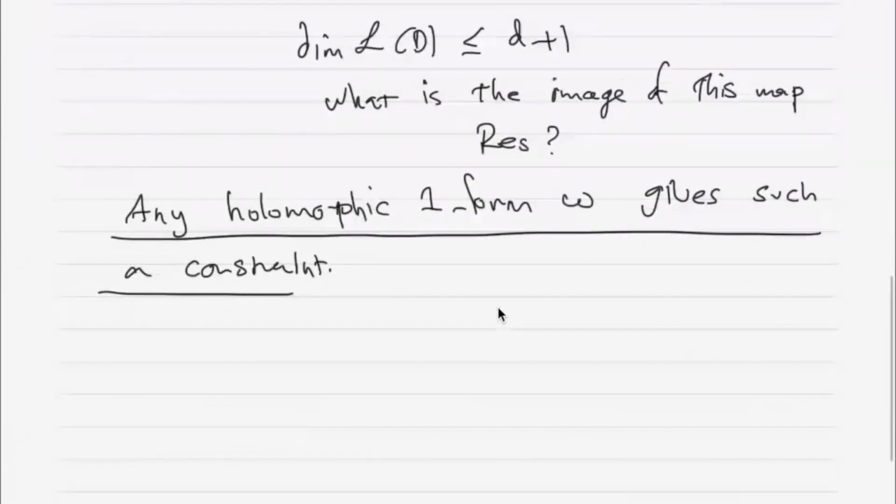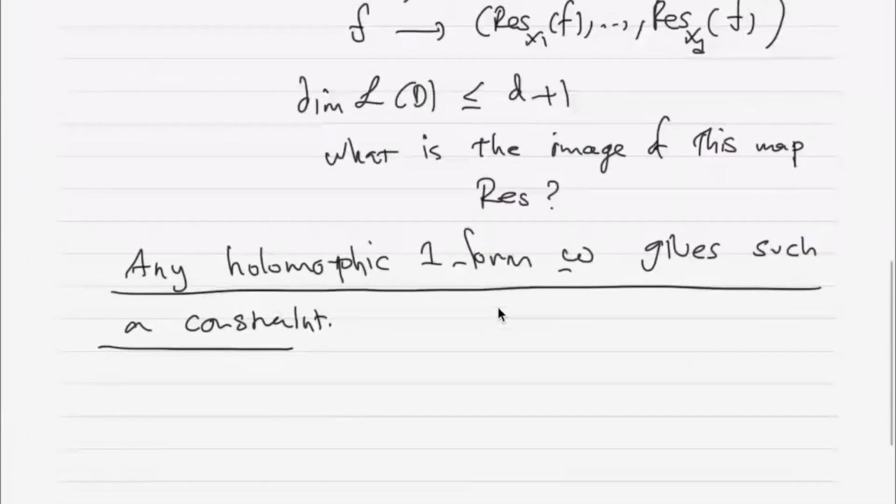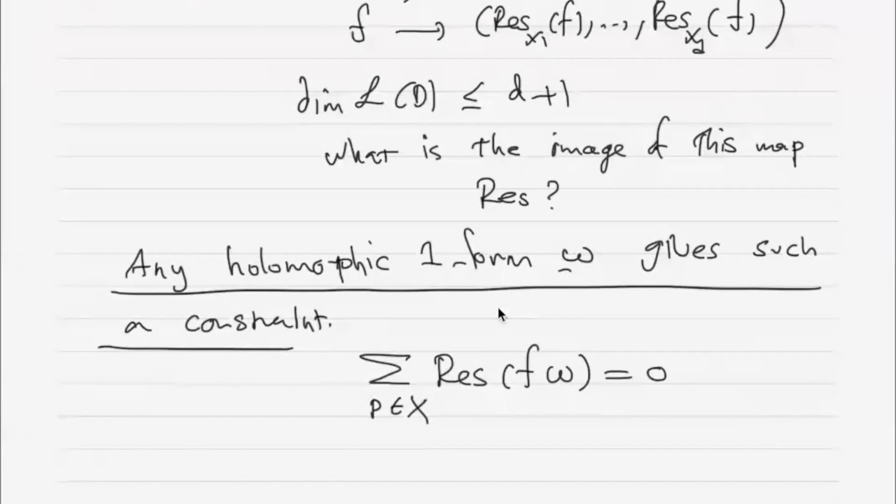If you give me one holomorphic one-form omega, then what I can say is that the sum of the residues of f times omega at all points is 0. This is a theorem that was also mentioned in the previous lecture. For any meromorphic one-form, the sum of the residues of this meromorphic one-form over all points of X is 0.